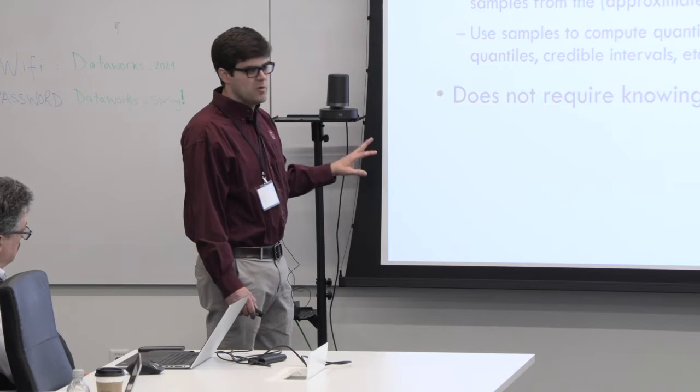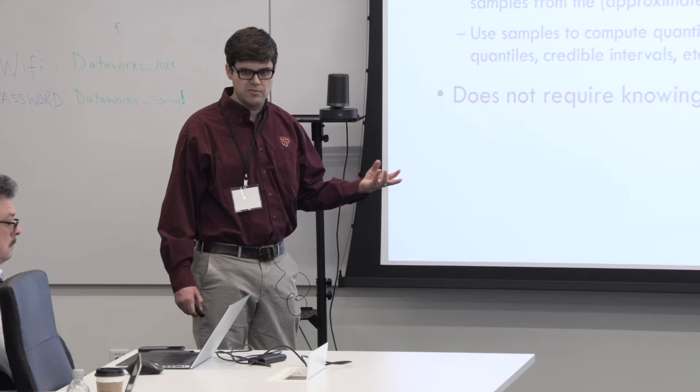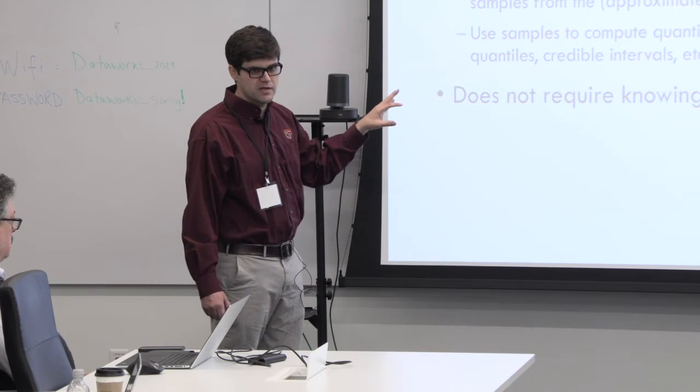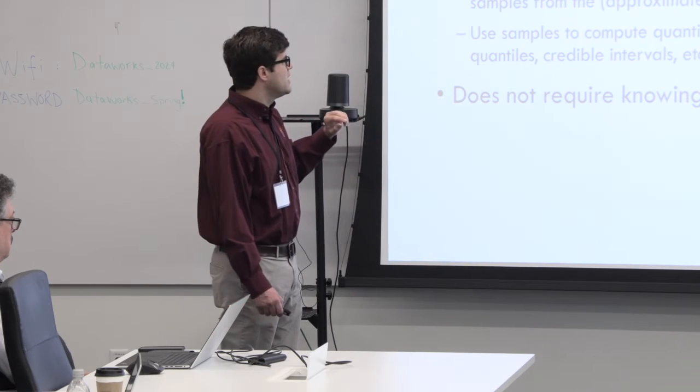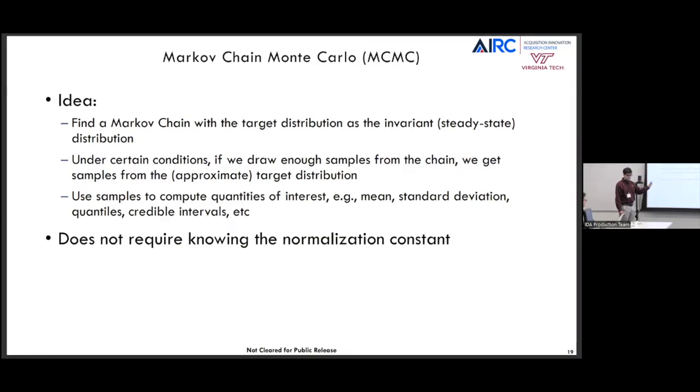So often what we need is a numerical method to compute the posterior, to draw samples from the posterior. A common tool for that is Markov chain Monte Carlo. The idea is that we can't draw random samples from the posterior, so what we're going to do is draw random samples from things we know how to draw from, often a normal distribution, and then use those random samples through various methods to turn them into samples from the posterior.